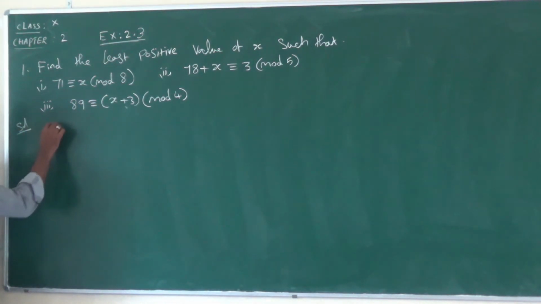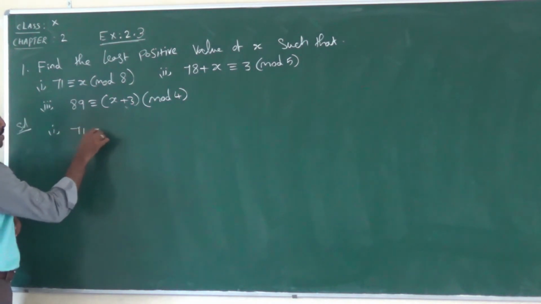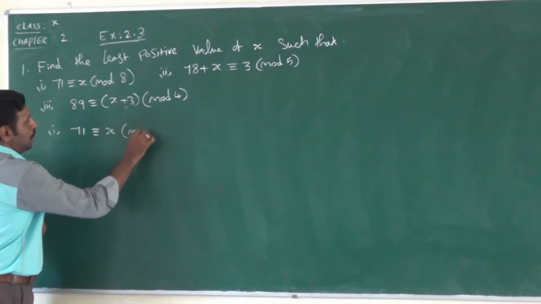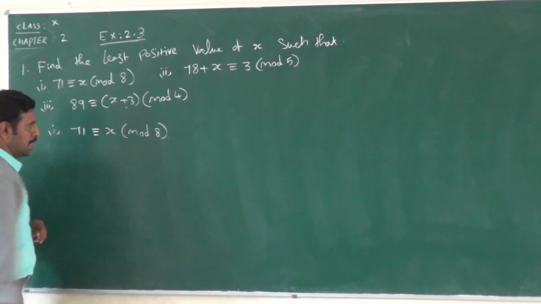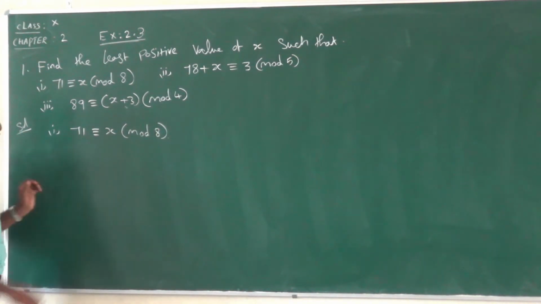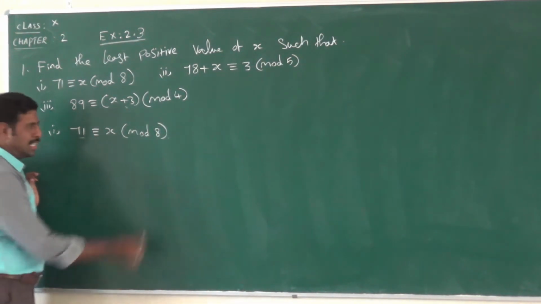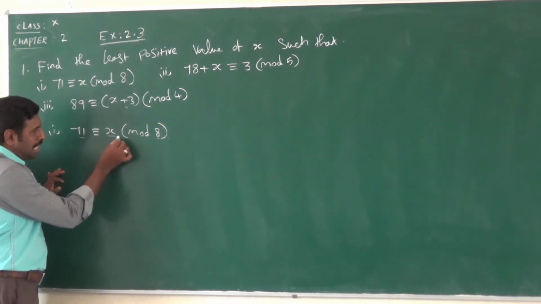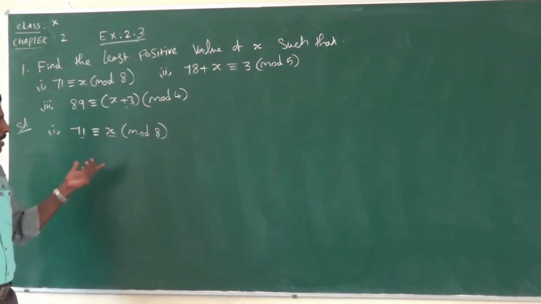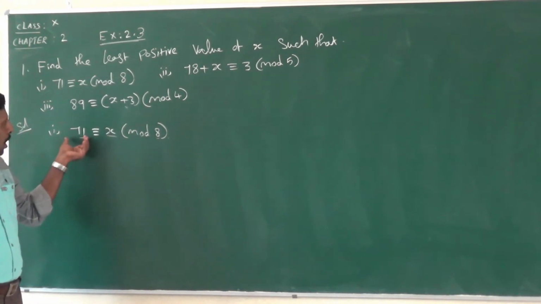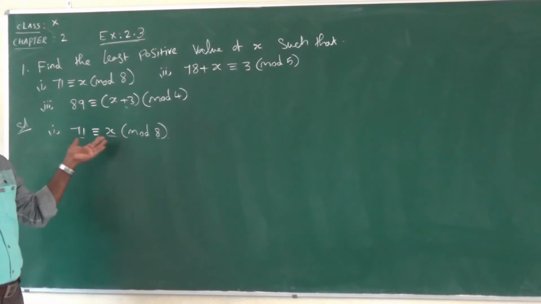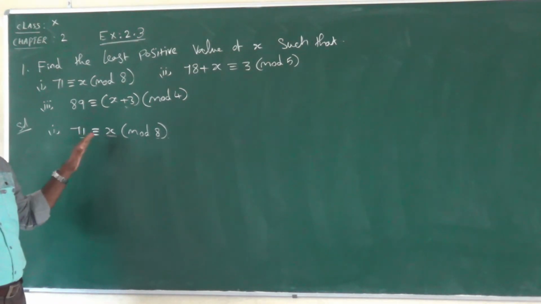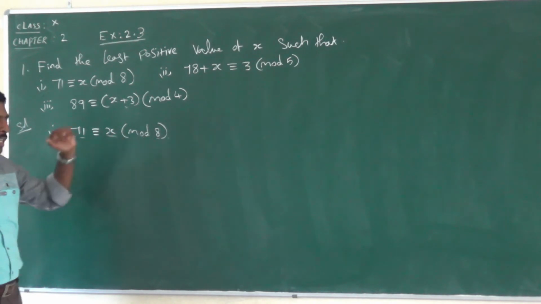Solution. The first Roman number is given as 71 is congruent to x mod 8. See, it is a positive integer, and here mod is the divisor and the x value is the remainder. Now we want to find out the remainder, so we want to find what the remainder is when 71 is divided by 8.